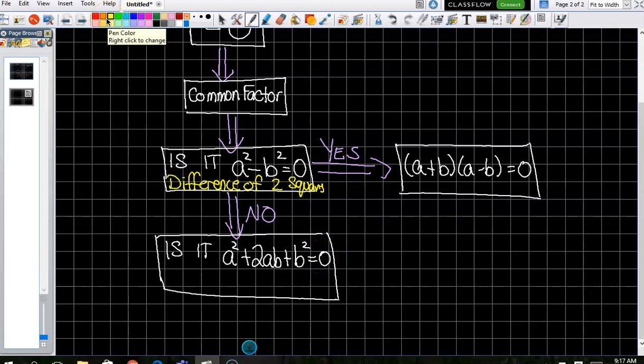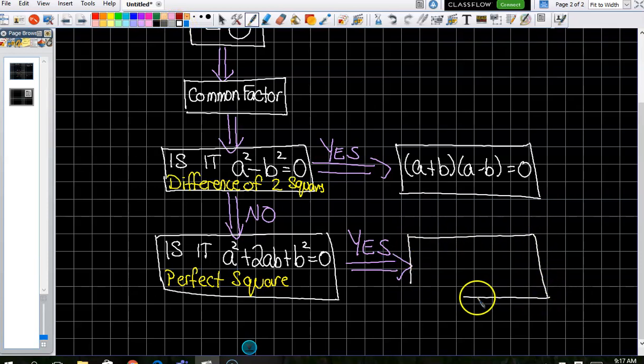I just go to the sum and product thing. So this is what we call a perfect square. If it is, that's then a plus b all squared. Do we agree?